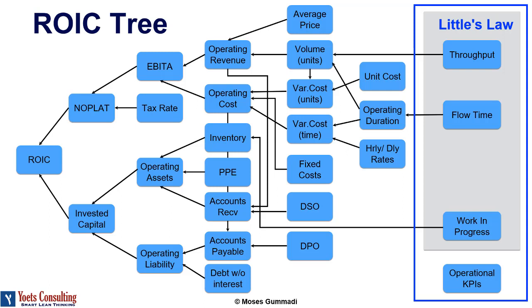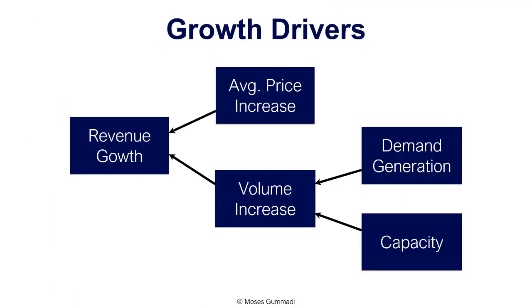And you can find out which KPIs, which decision points, which parameters will drive your ROIC, and you can find out a to-be solution based on this, and then carry out that transformation within your operations.